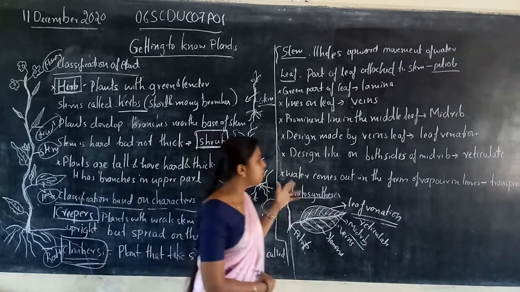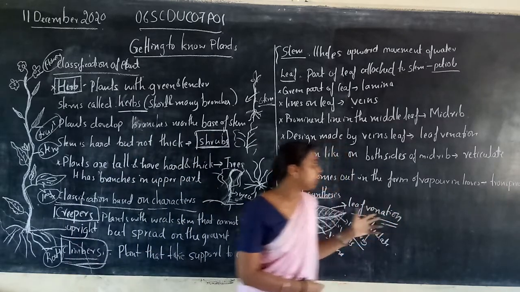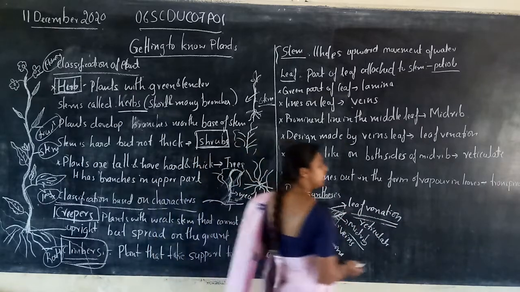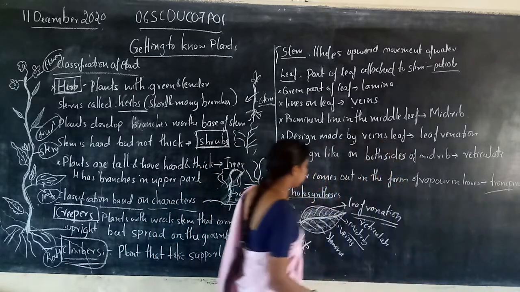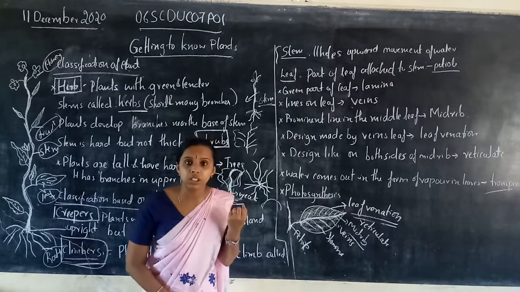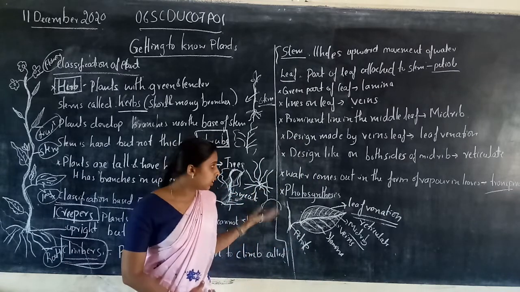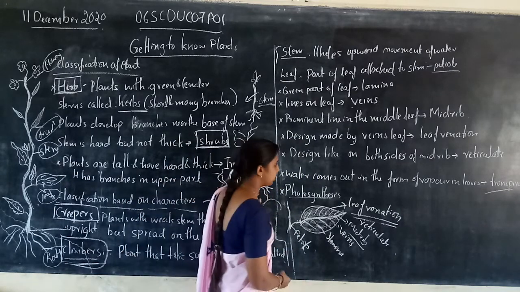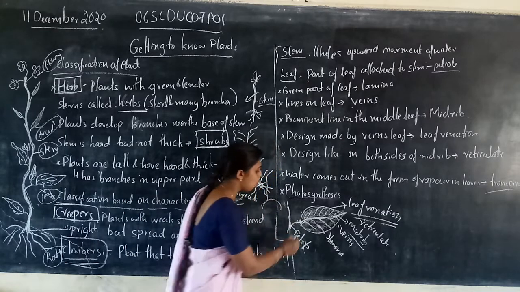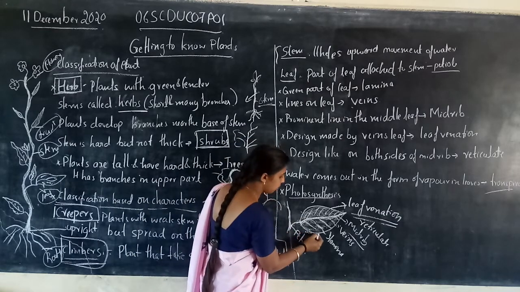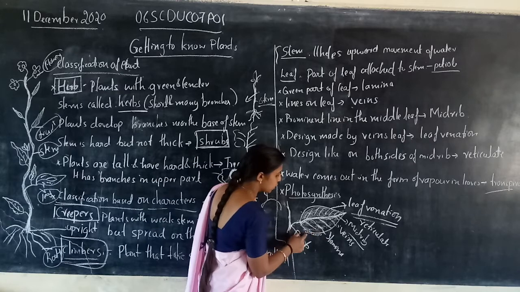Next, the water comes out in the form of vapor in leaves. What do we call this? Transpiration. The leaf has small pores under the leaf. We call them stomata.